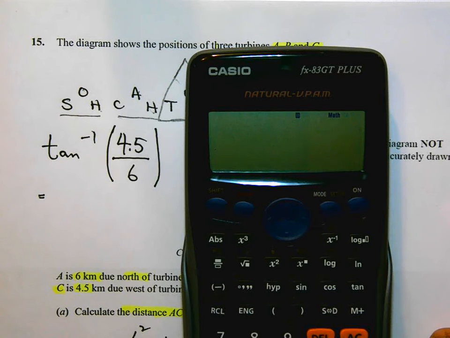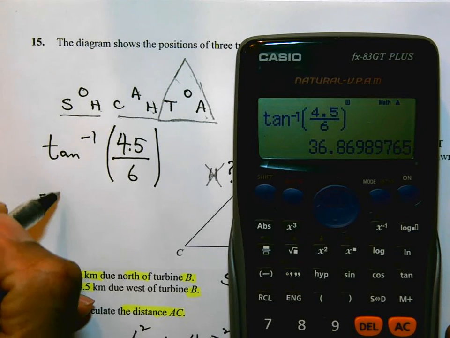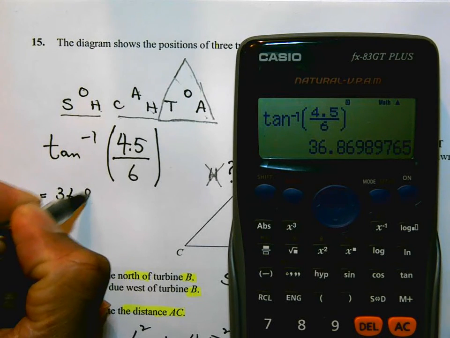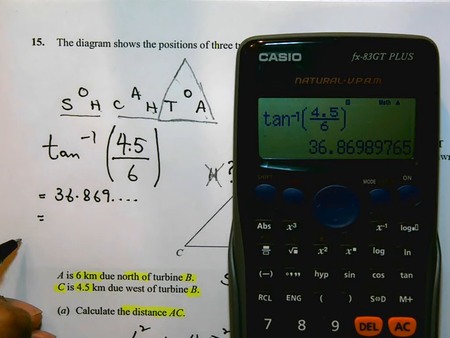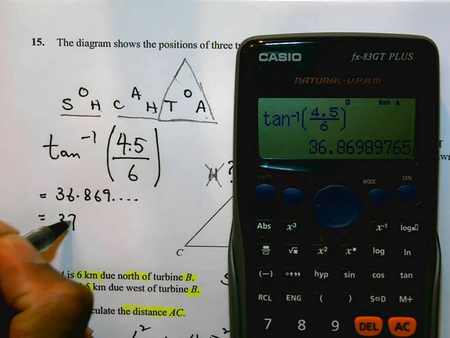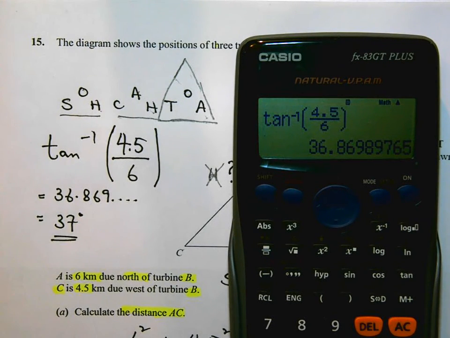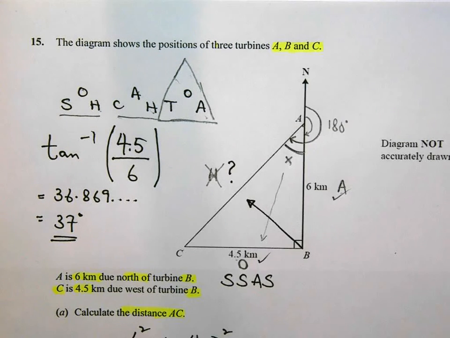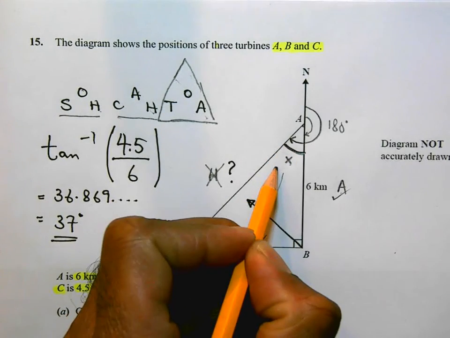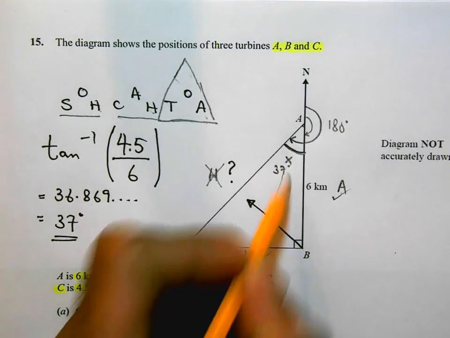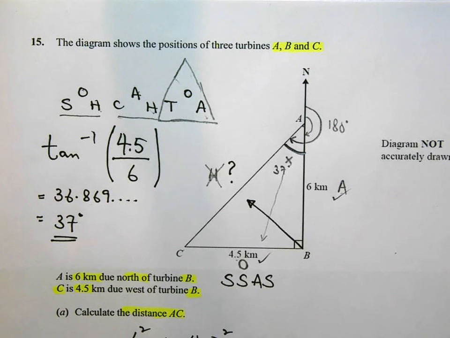I'm going to put a fraction in there, 4.5 over 6, close the bracket. Here is my answer, 36.869, and so on. And to the nearest degree, that's going to be 37 degrees. I need to realize that this angle at the top here is 37 degrees.